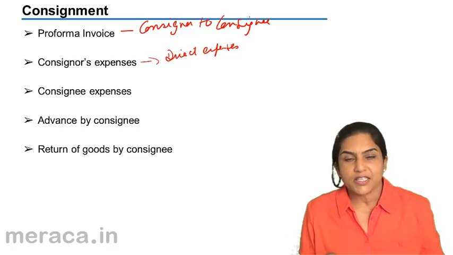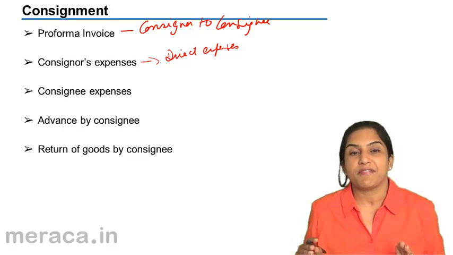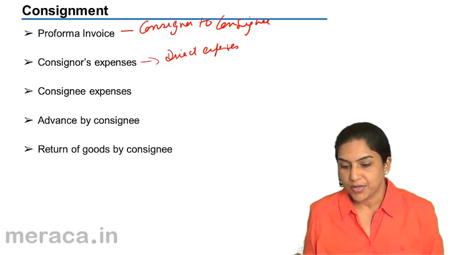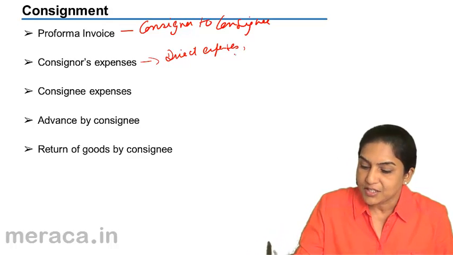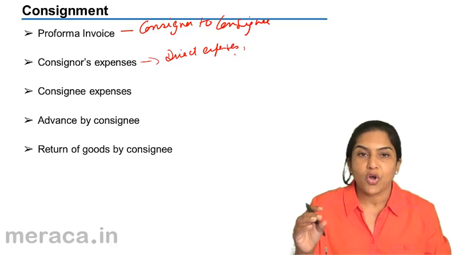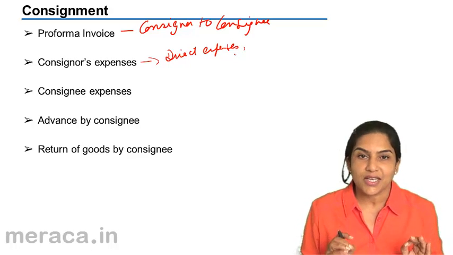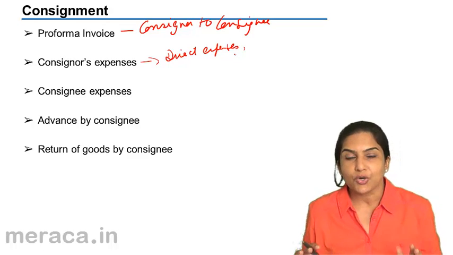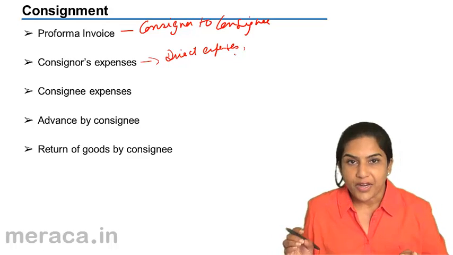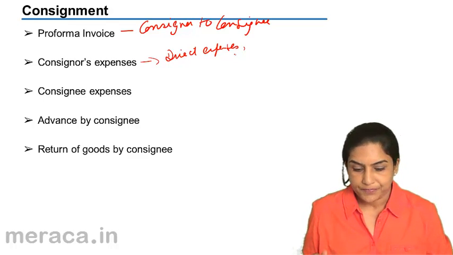All expenses of the consignor are included when we value closing stock. Direct expenses may be recurring or non-recurring, but all expenses of the consignor relating to the consignment of the goods are included in the cost of goods when we need to value consignment stock.